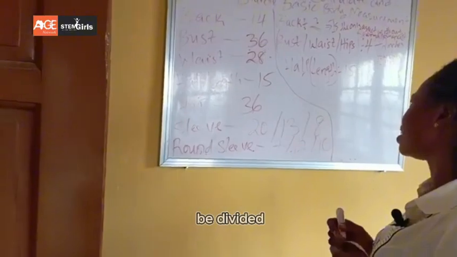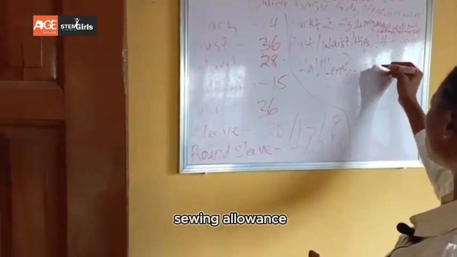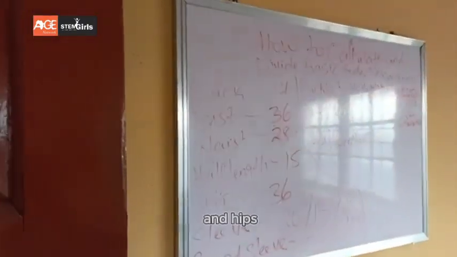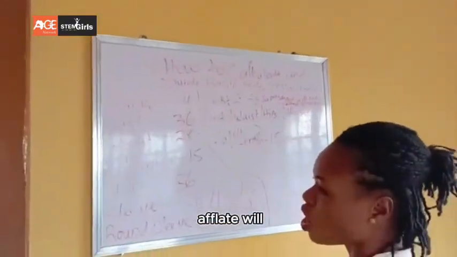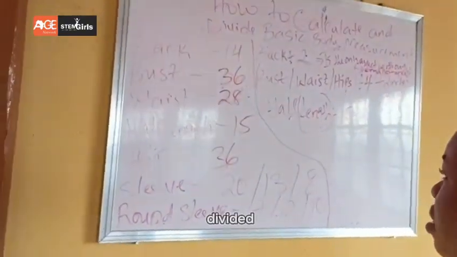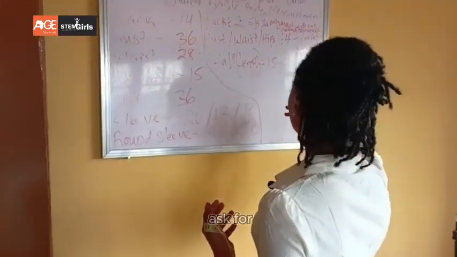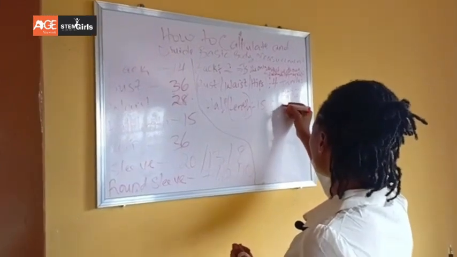The only thing is that we add your sewing allowance, which is 2 inches. Which means the back will only be divided into 2. Your bust, your waist and hips will be divided into 4 places, while your half length will not be divided, you will not cut it into 2. The only thing is that you add 2 inches sewing allowance to your length.